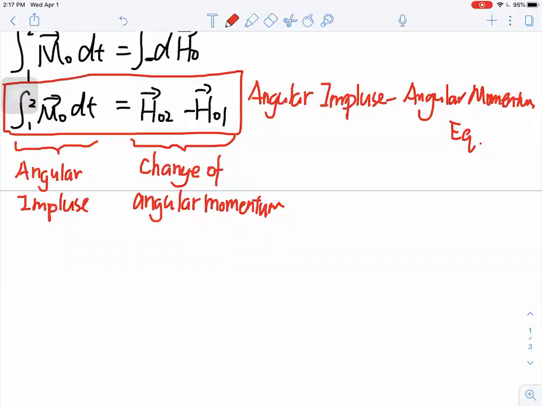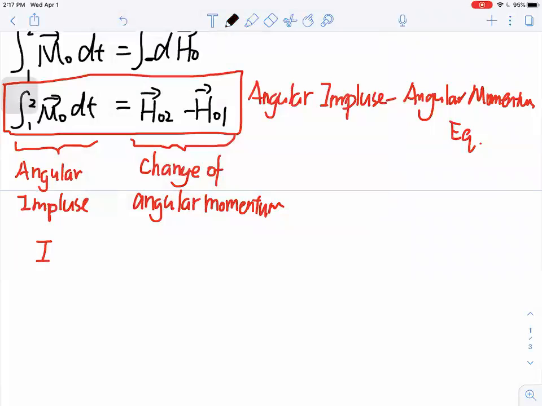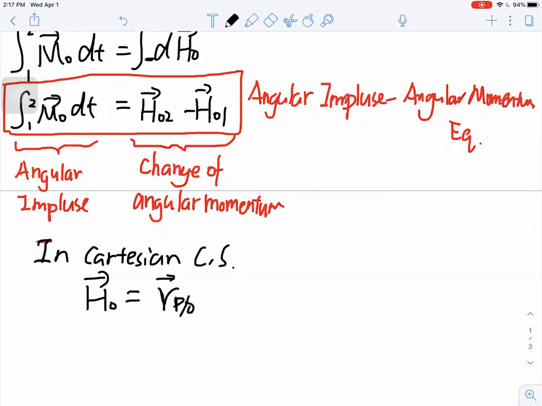Okay, so in Cartesian, let's change color here. In the Cartesian coordinate system, our H, the angular momentum, can be written as, we know the definition is r cross vp, right?